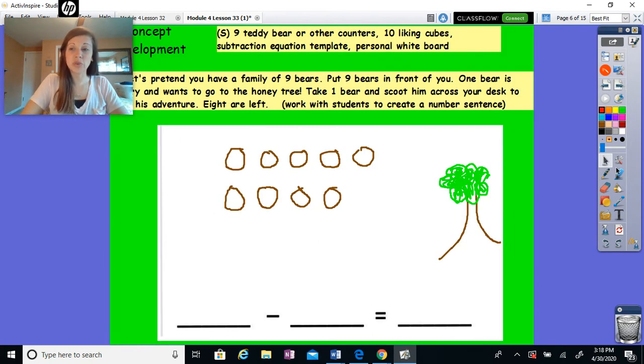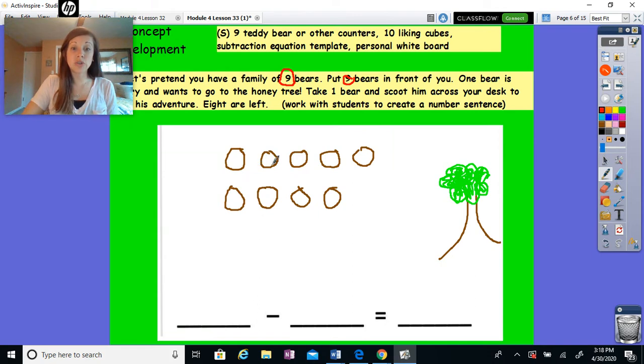Okay, here's our first story problem. Let's pretend you have a family of 9 bears. Put 9 bears in front of you. Miss Dolphin drew circles for bears because I'm not a very good artist. I put 9 circles. That's going to represent my bears.